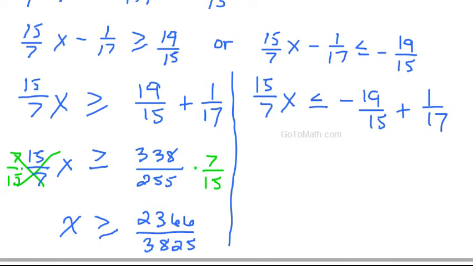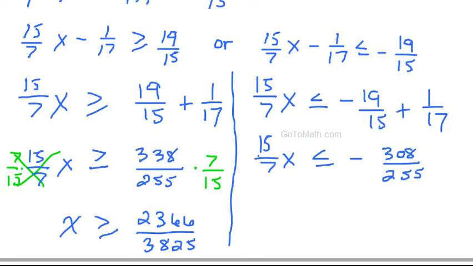That is not going to be good. See, good news is I get the same denominator. Okay, so 15 over 7x is less than or equal to negative 308 over 255. So that's actually kind of good.